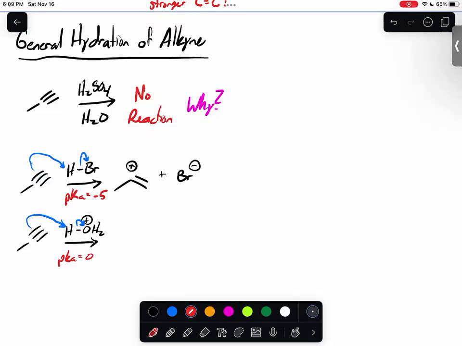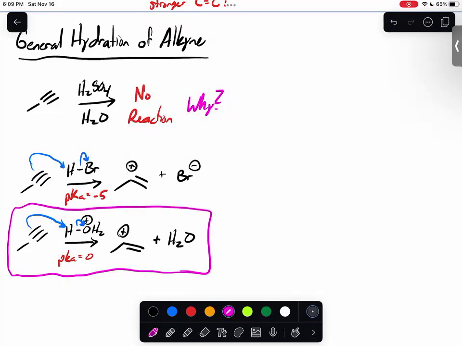So in reality, the difference between these two is the rate, where this reaction here on the bottom is 10 to the fifth times slower than the HBr addition.